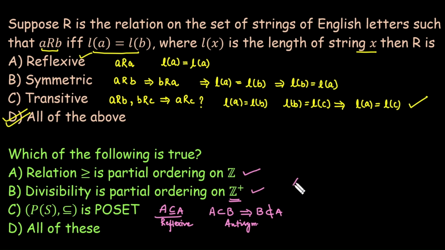For transitivity, if A is a subset of B and B is a subset of C, can we say that A is a subset of C? Yes. So this is a transitive relation. So the relation is transitive, antisymmetric, and reflexive, and hence it is a poset. So the final answer is D option.